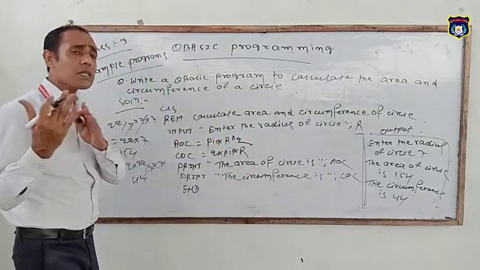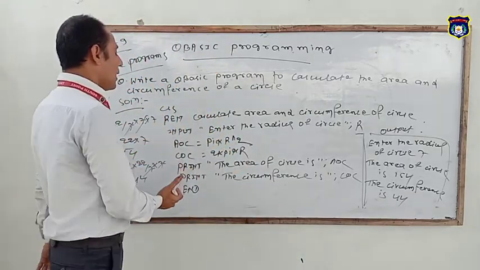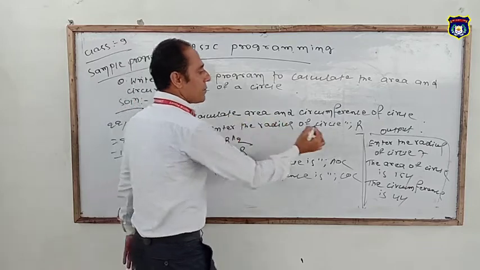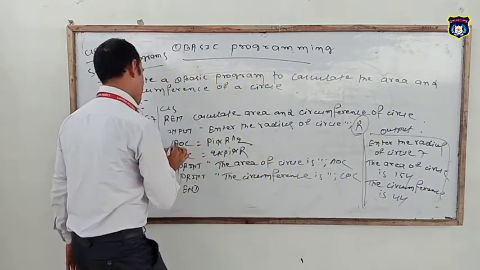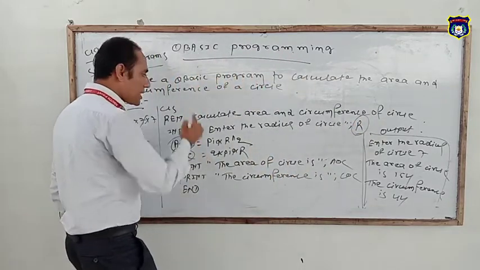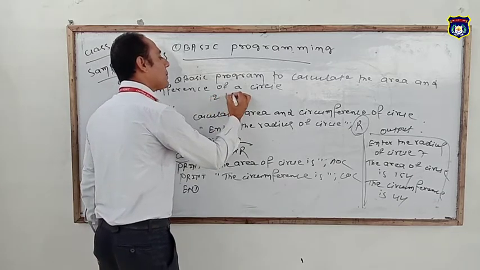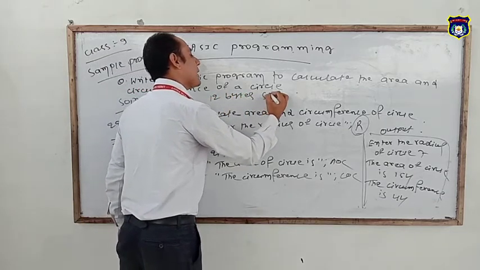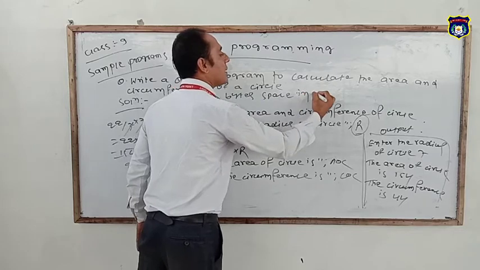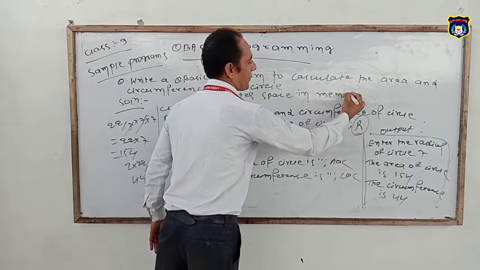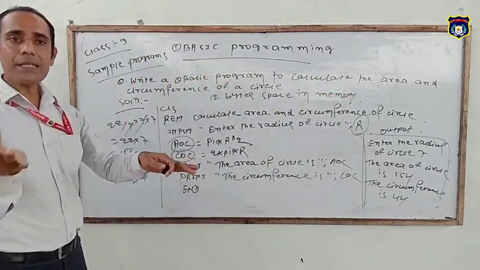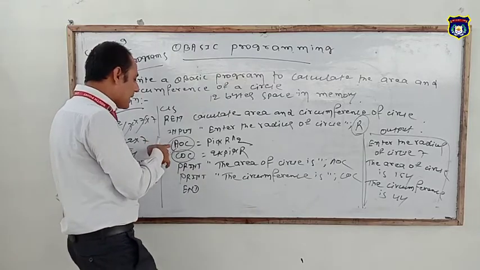A student can ask a question: how much space does it occupy? This program occupies 12 bytes of space in memory. What types of variables are declared? Single precision.